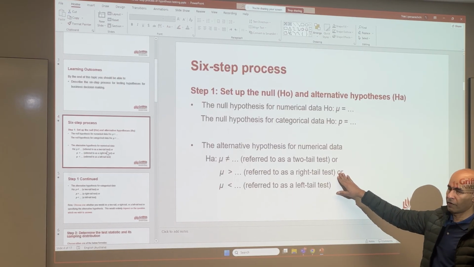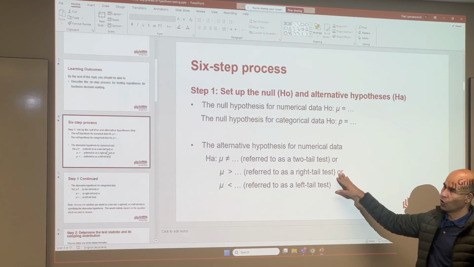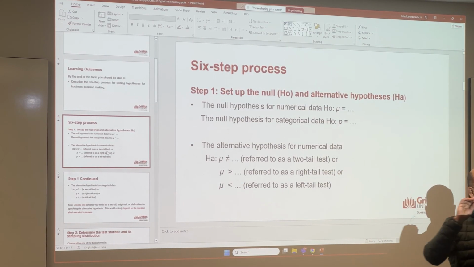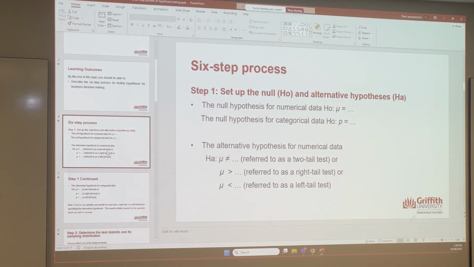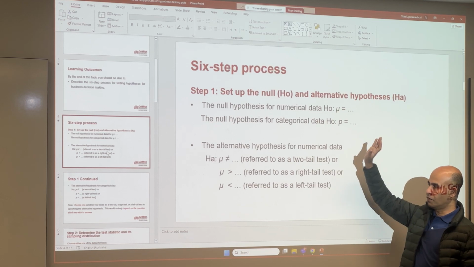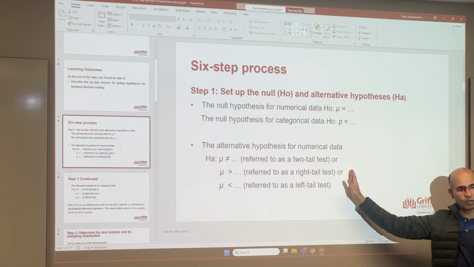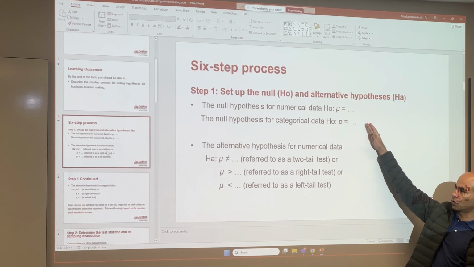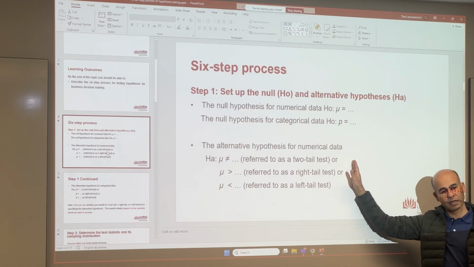And then we have to have an alternative hypothesis. Null is based on a statement, and the statement can be true, or it can be false. If it is true, we accept it as a true statement. If it is not true, what are we going to accept? We have another hypothesis.